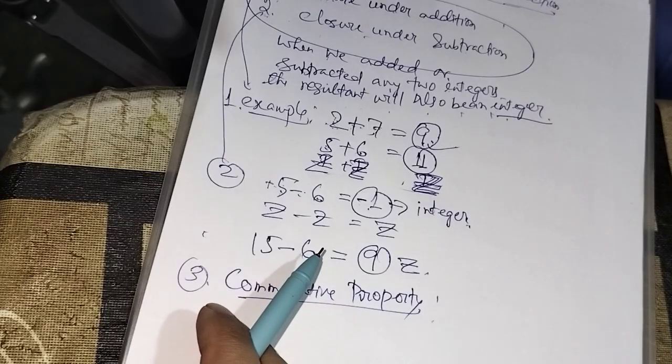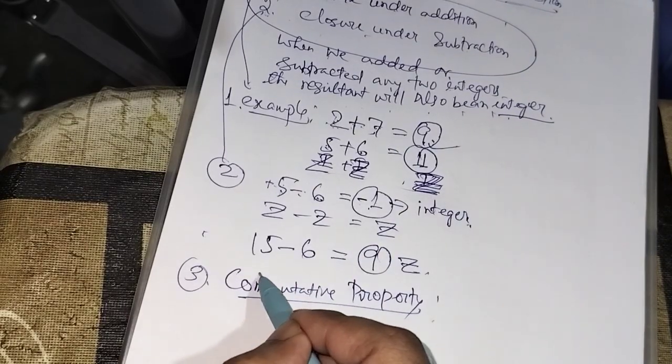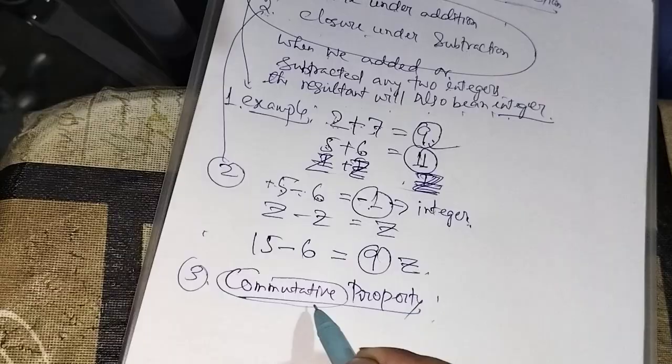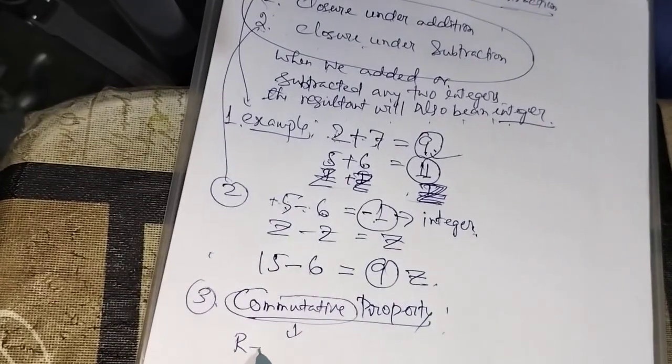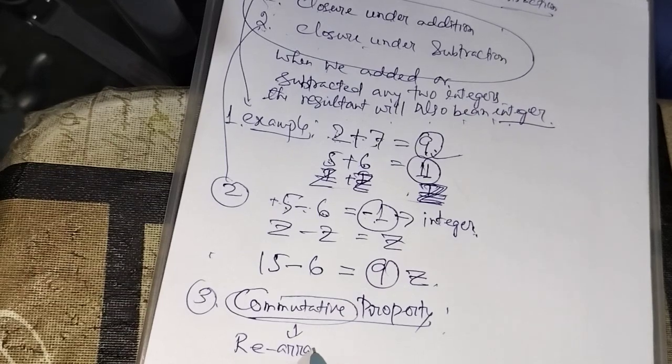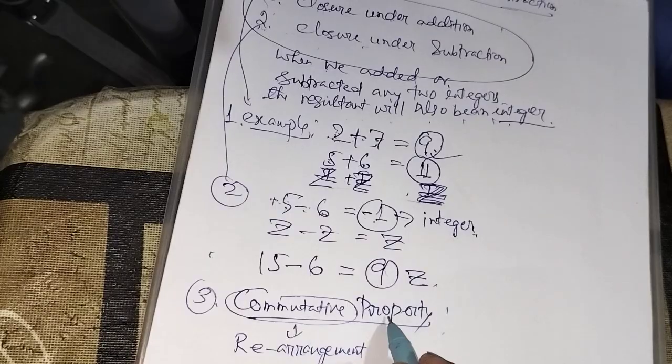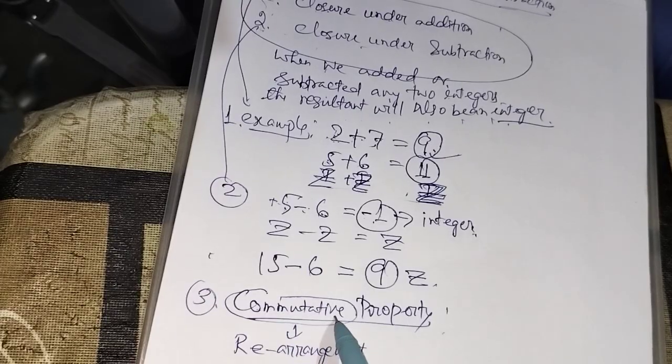The word commutative means rearrangement. I have already discussed this property in my previous video. Please go through my previous video. The word commutative means rearrangement.